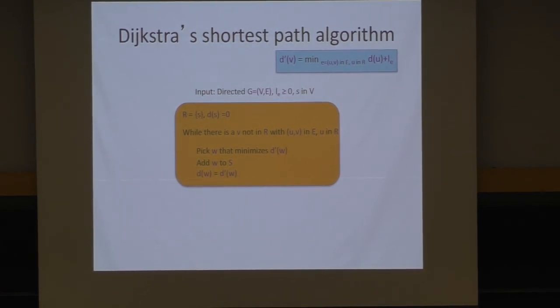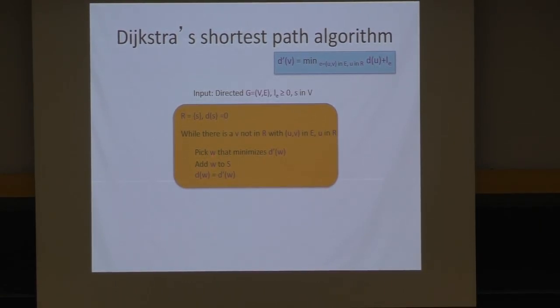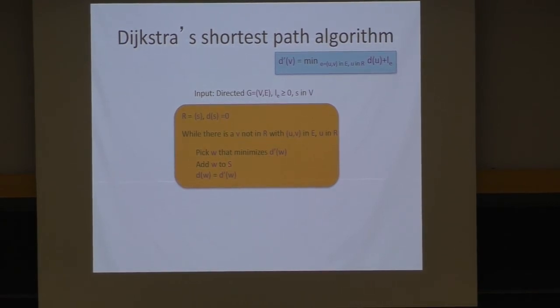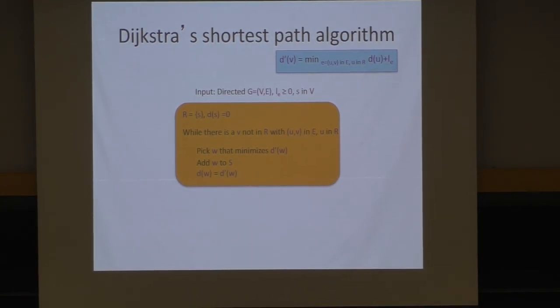You keep track of this upper bound d prime w on the distance from S to W. In this loop you pick the one that minimizes its value and add it to R. Once you add a vertex W to the set R, you set its distance to be this d prime value.